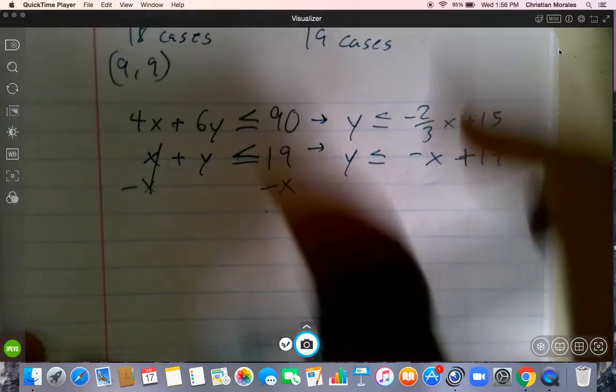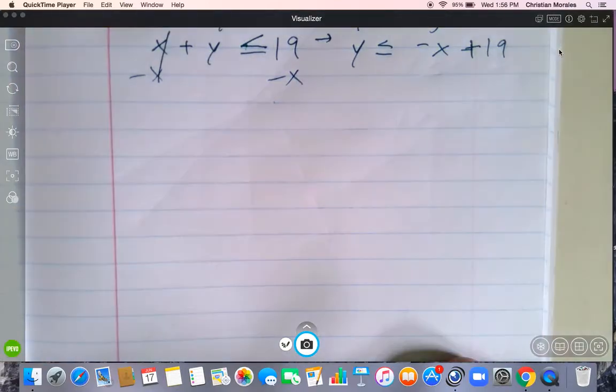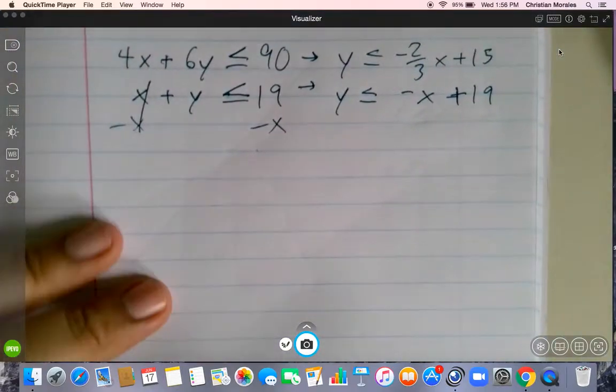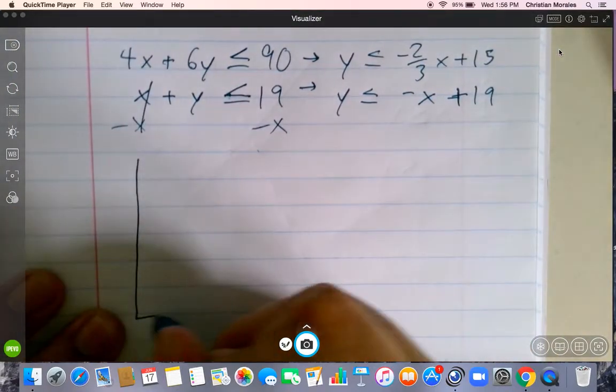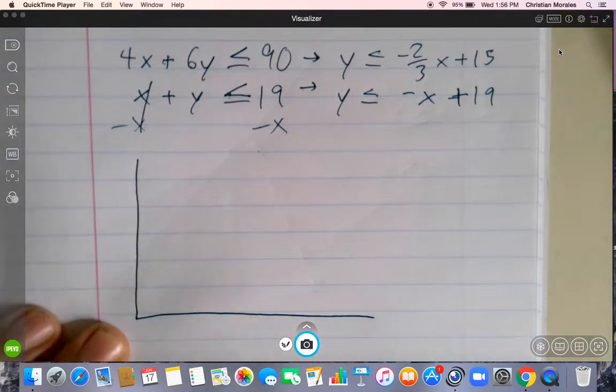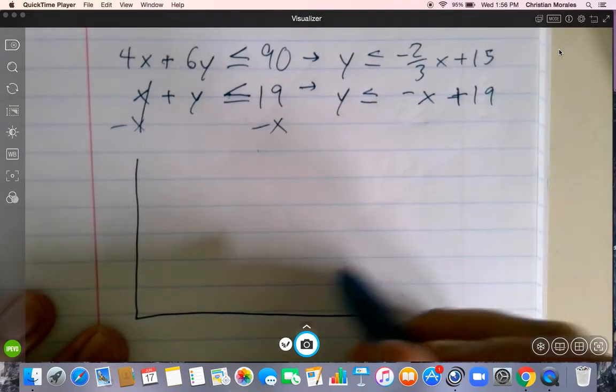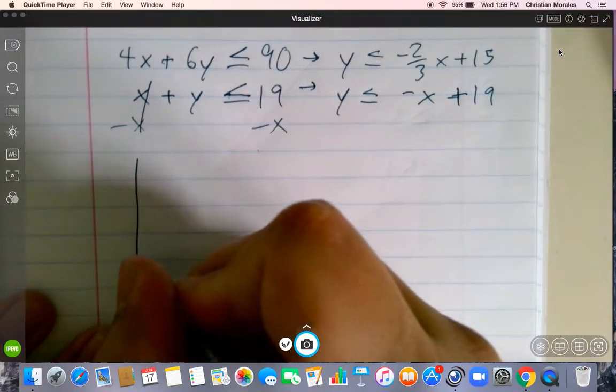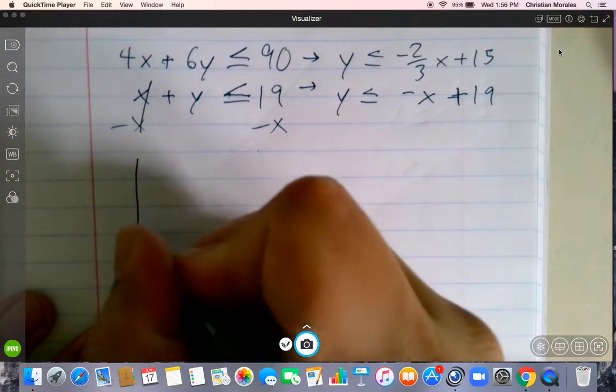You would graph this. Now, a lot of the times with these word problems, guys, because we're dealing with the real world, we're usually dealing with the positive numbers, so we don't really have to go negative. But just to make a quick sketch, let's say this is 5, 10, 15, 20.